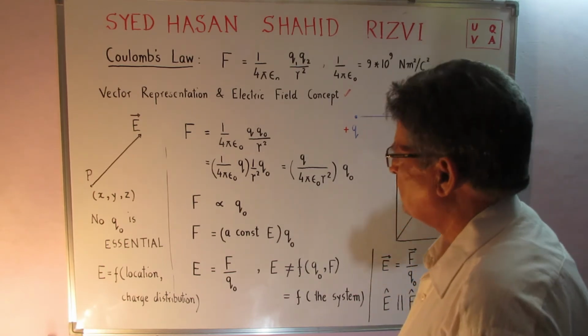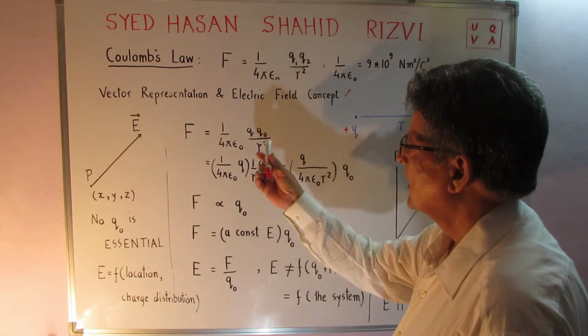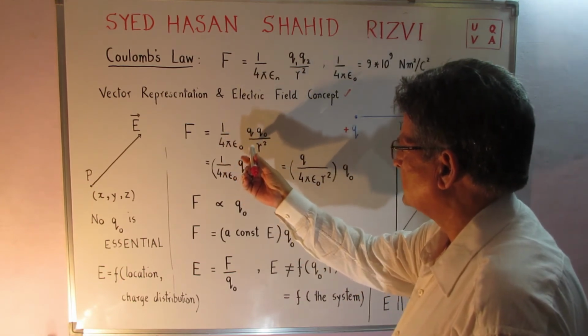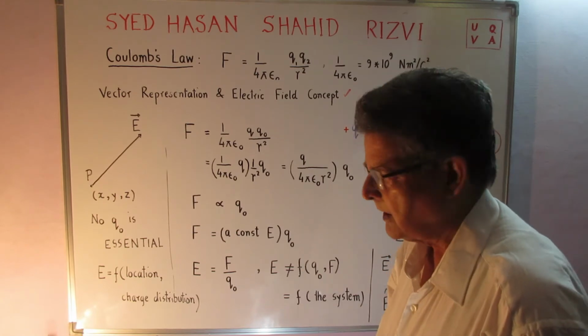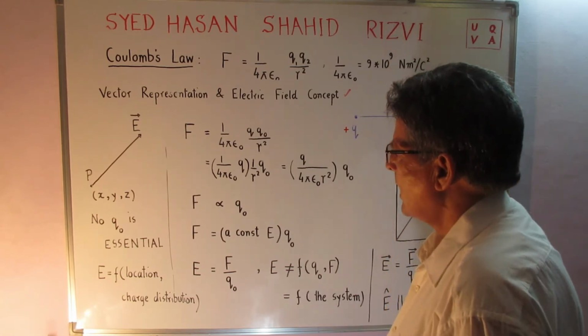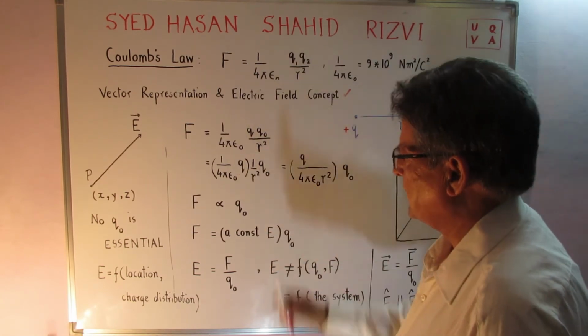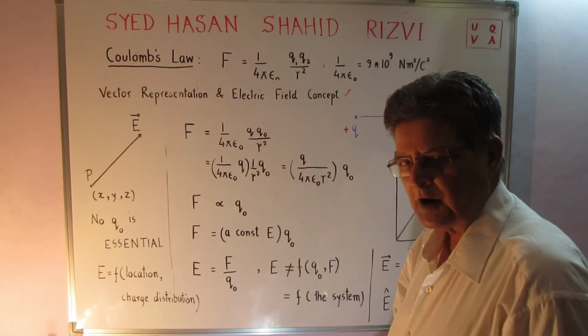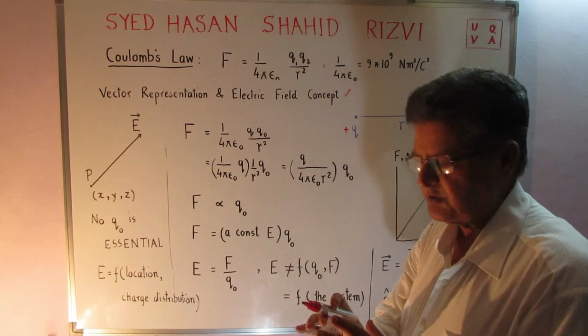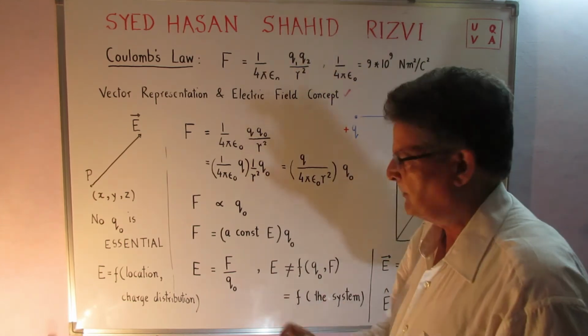The magnitude of the force will be equal to 1 upon 4 pi epsilon naught Q Q naught upon R square. Okay. Q is defined, R is defined. When I say defined, it means it has been fixed by you.